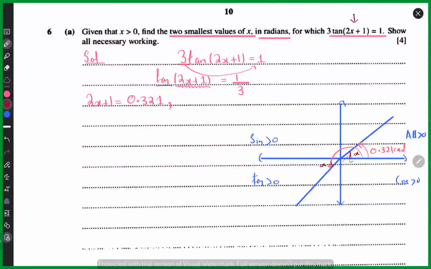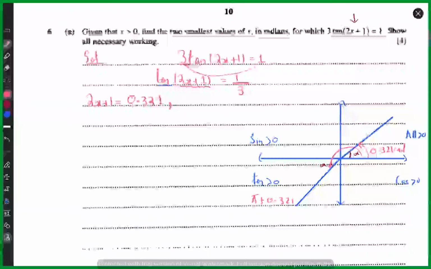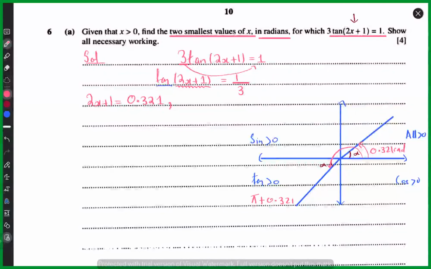So it would be, now we're talking in radians, okay? So it would be pi plus 0.321 radians. Usually for the third quadrant, it is 180 degrees plus alpha, okay? But we're talking in radians. So 180 can be written as pi plus whatever you got as your alpha.